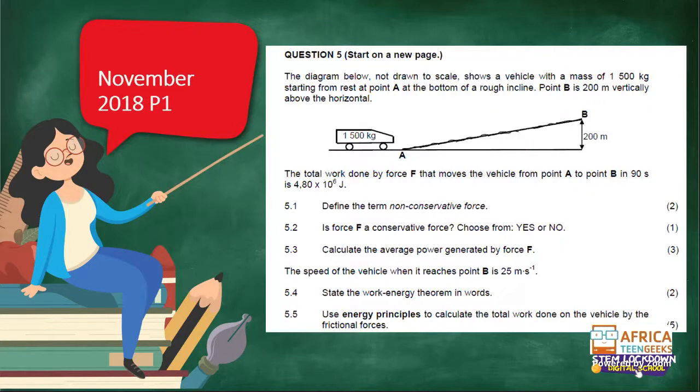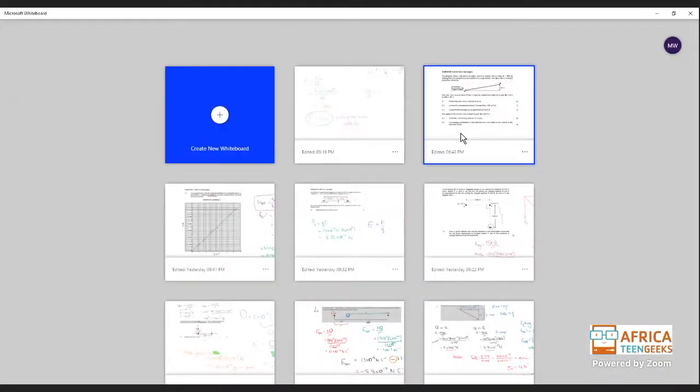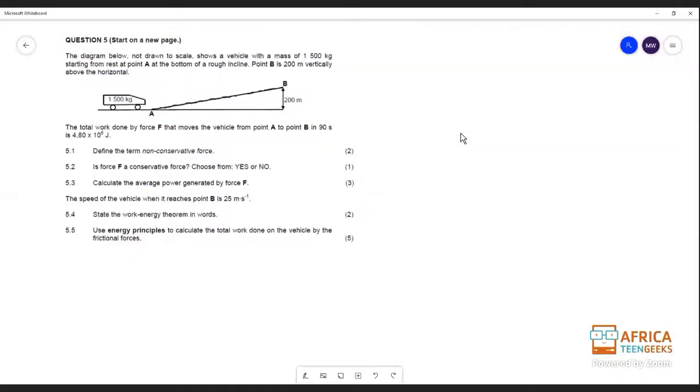So here's an example from the November 2018 paper 1. I have this on my whiteboard, so I'm just going to go to this question quick. Okay, so question 5, they say the diagram below, not drawn to scale, shows a vehicle with a mass of 1,500 kilograms starting from rest at point A at the bottom of a rough incline.